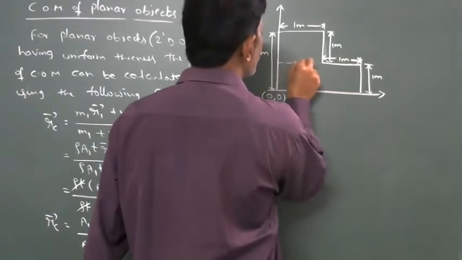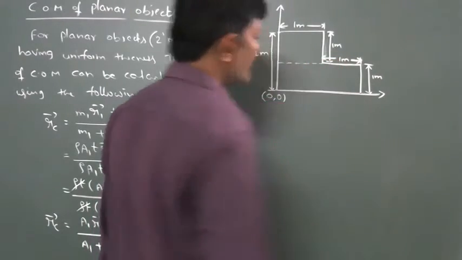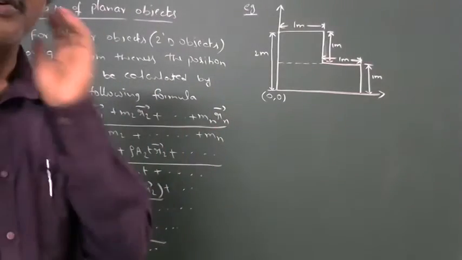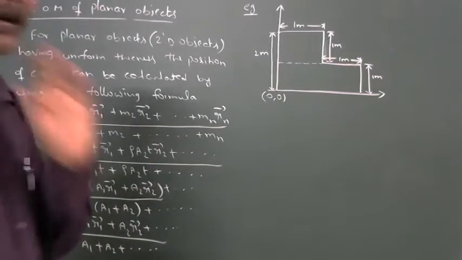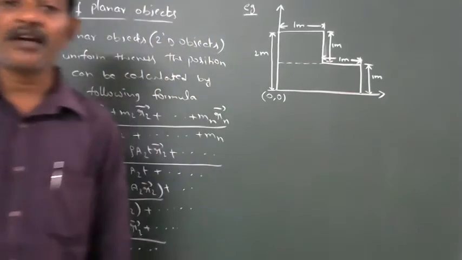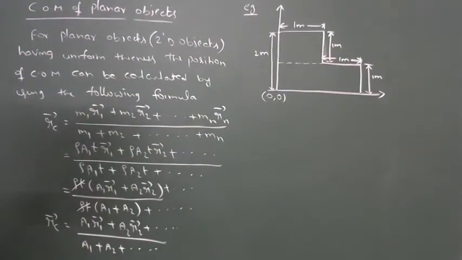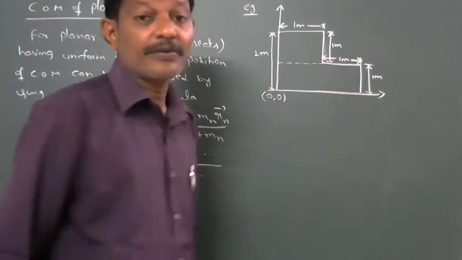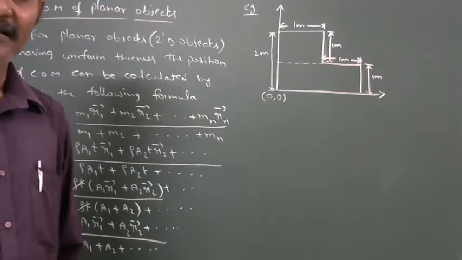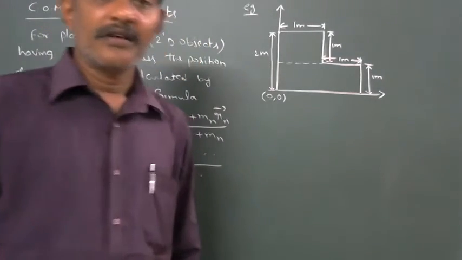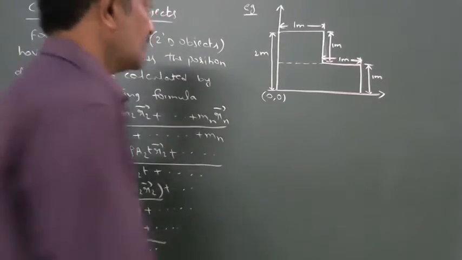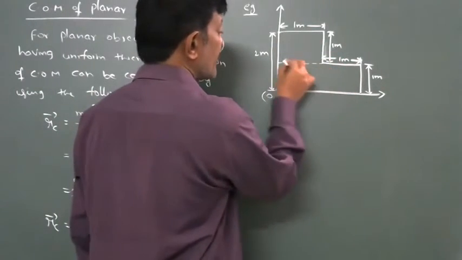We can divide this given planar sheet into two parts. One part is a square, another part is a rectangle, which are regular shaped bodies. This is a square sheet and this is a rectangular sheet.